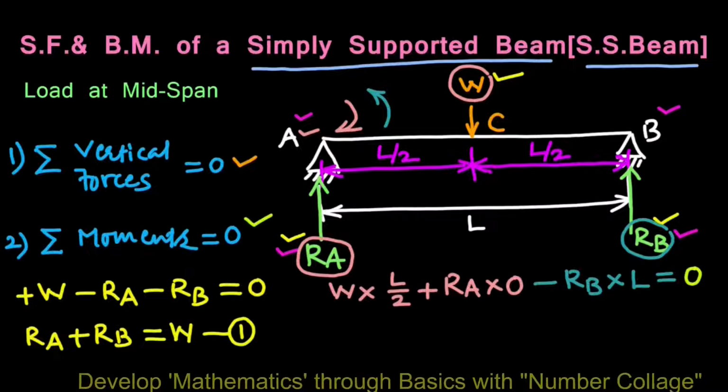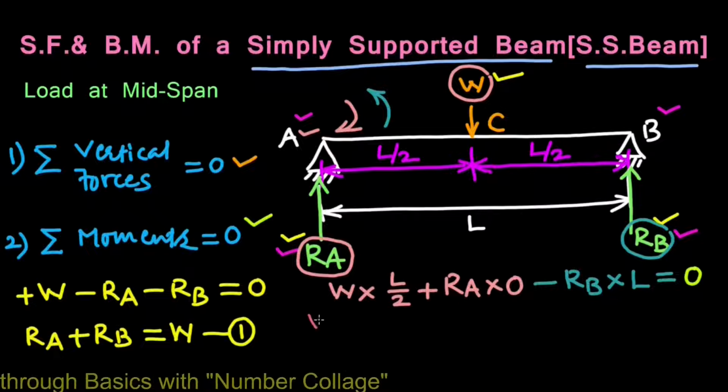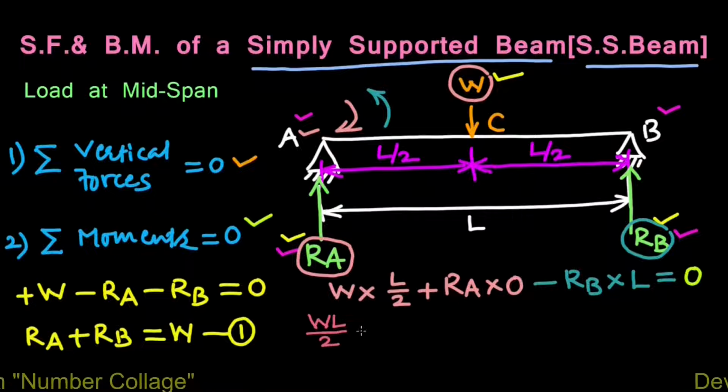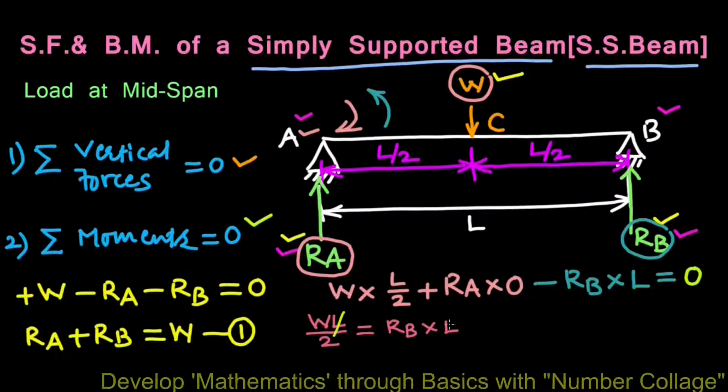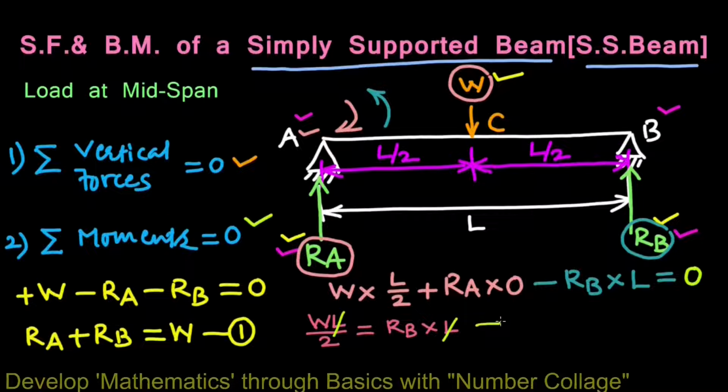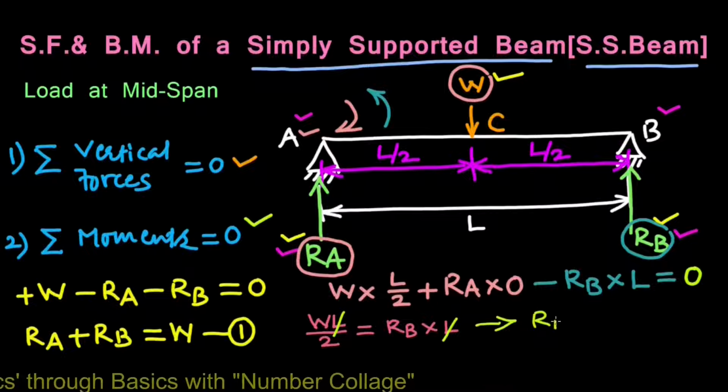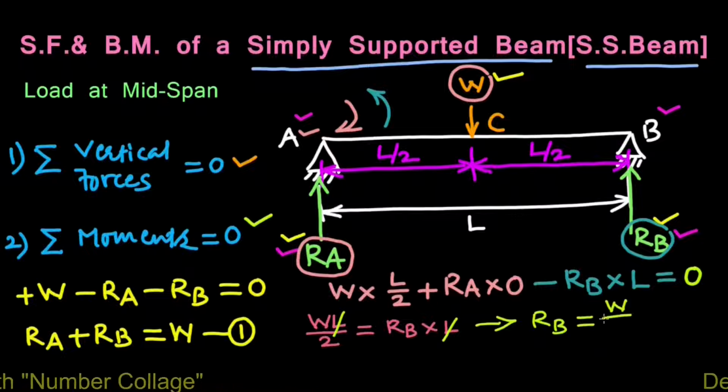So next we can write this will be WL by 2 equals RB into L. This L cancels with this L, so that gives us reaction RB equals W upon 2.